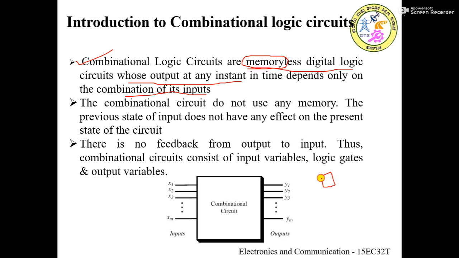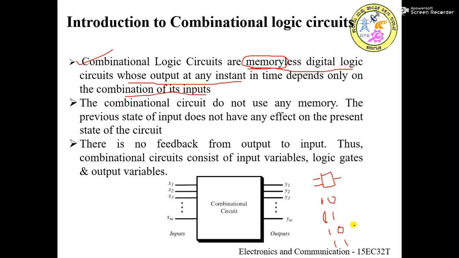This is an AND gate with two inputs and one output. With two inputs, obviously I can have four different combinations: 0 0, 0 1, 1 0, and 1 1.